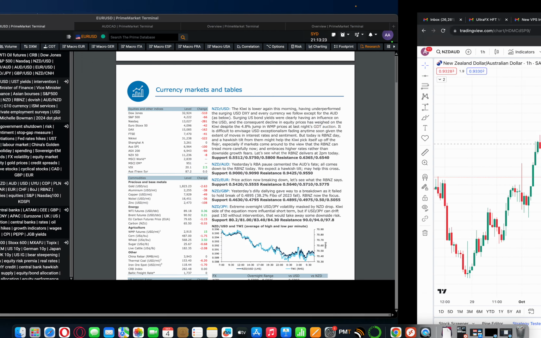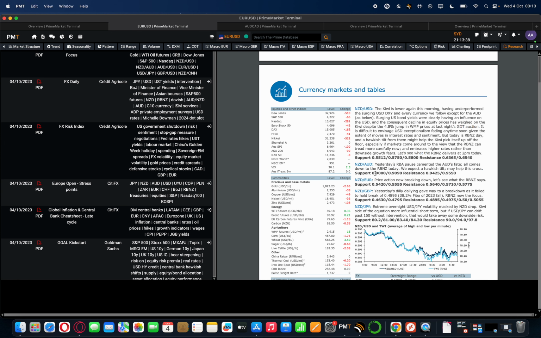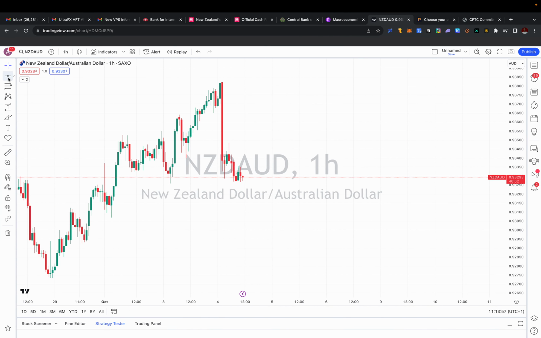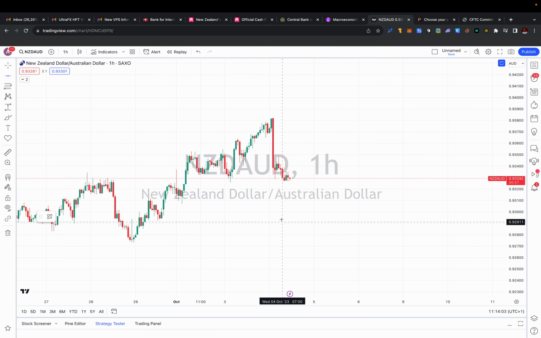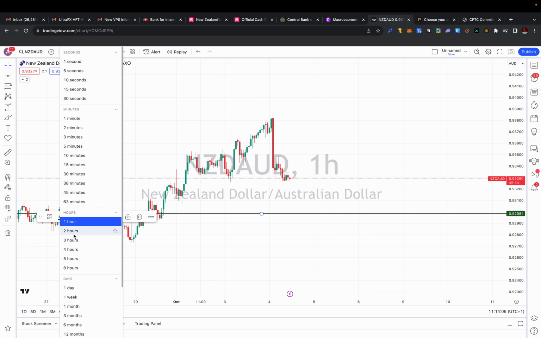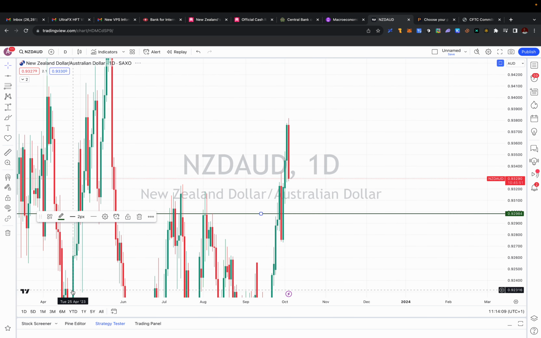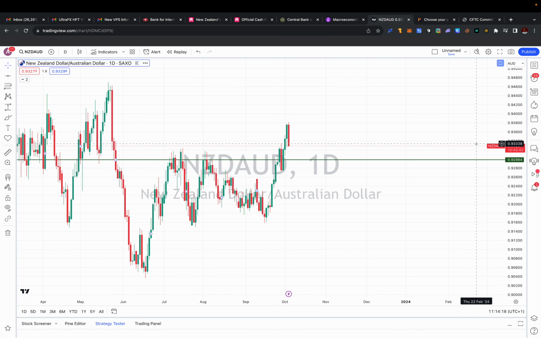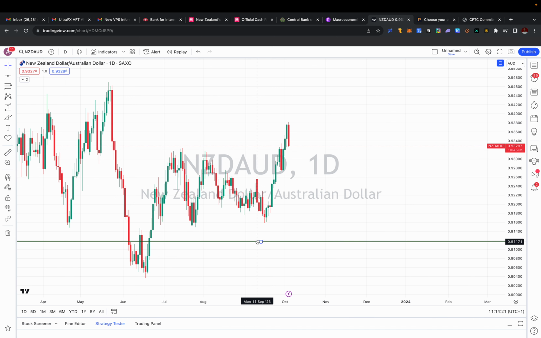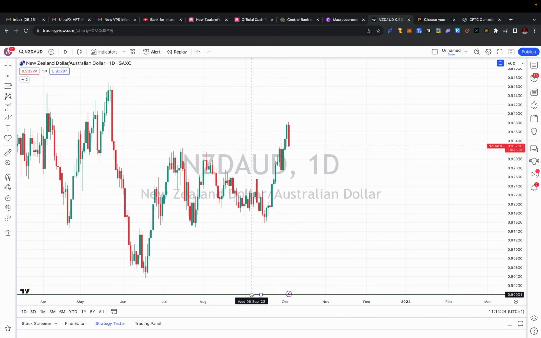and mark their support and resistance. Their current support is at 0.9 to 0.9090. So I can just go down, mark it like this, and put it on the daily time frame so it would be clear. 0.90 is the support, it's a range actually, something like this.